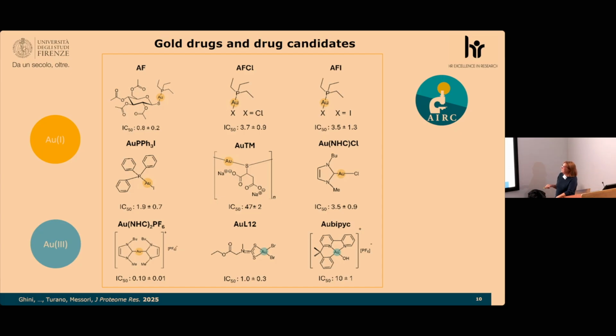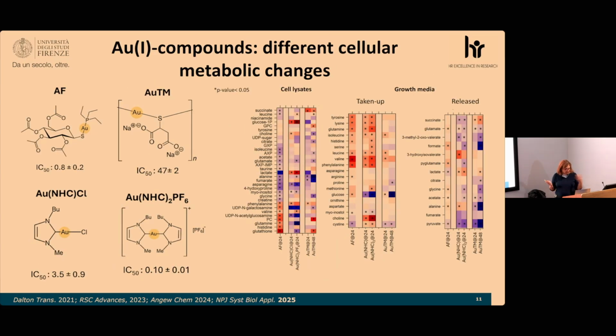They have different IC50 values, so apparently they don't have many things in common. But if you look at the metabolomics pattern, you can identify differences and families of drugs that behave in the same way, independently of the IC50 value.